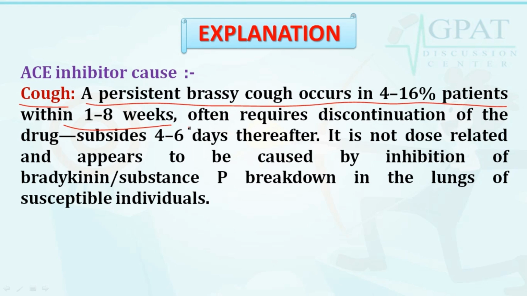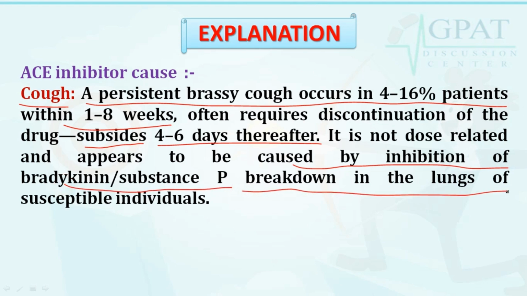It often requires discontinuation of the drug and subsides 4 to 6 days thereafter. It is not dose related and appears to be caused by inhibition of bradykinin and substance P breakdown in the lungs of susceptible individuals. So this is the main reason for the cough development by the ACE inhibitor.